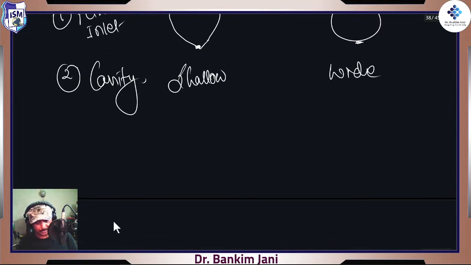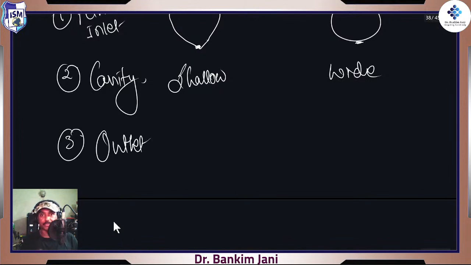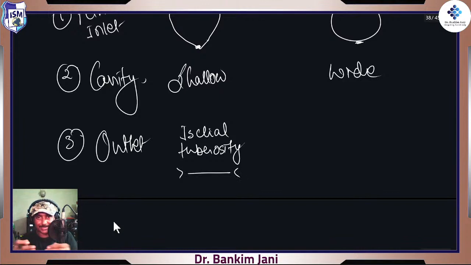Another important point, the third one, is the outlet, specifically the ischial tuberosities. This is vital and very important. In males, they are inverted, so there is less space.